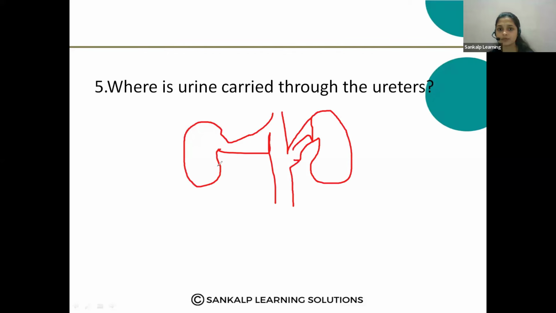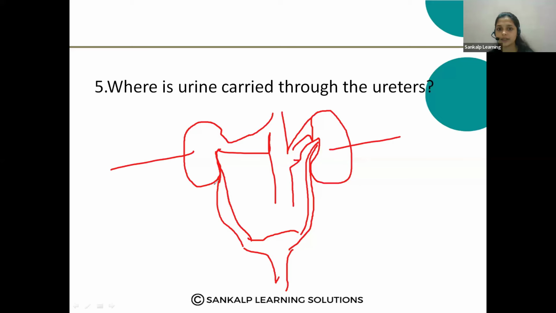This is just a rough diagram I'm drawing. These are the pair of kidneys, and these are the ureters, the tube-like structures that carry the urine produced in the kidney, and this is the urethra.